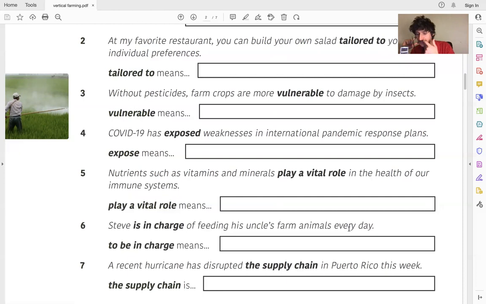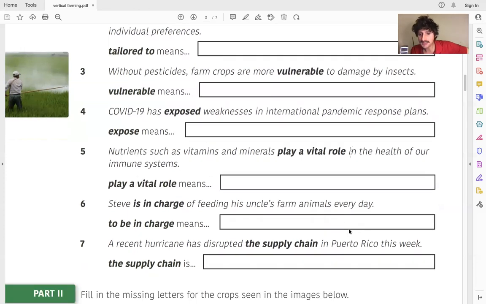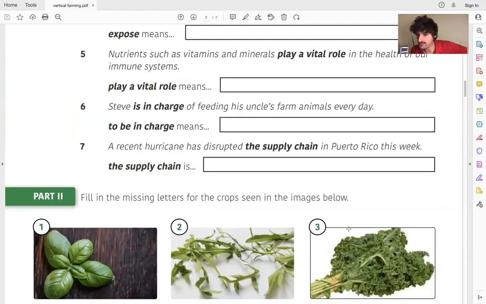Okay, so for example, if you want to get food to America from South America, okay, so the supply chain is like, okay, so this food will go to this place, and then in this place they will package it, and then they will send it to another center where they will then process it and then send it out to different stores. Okay, so it's the supply chain, how it gets from one place to another place.